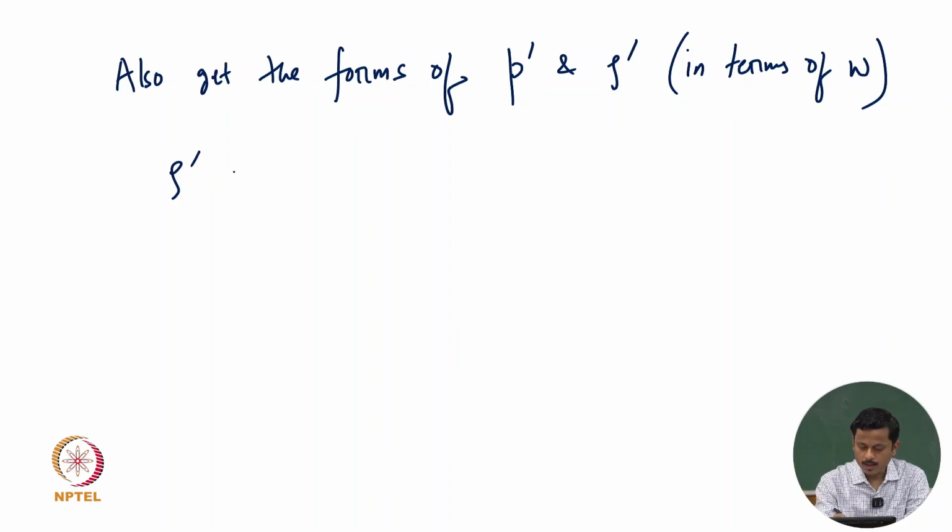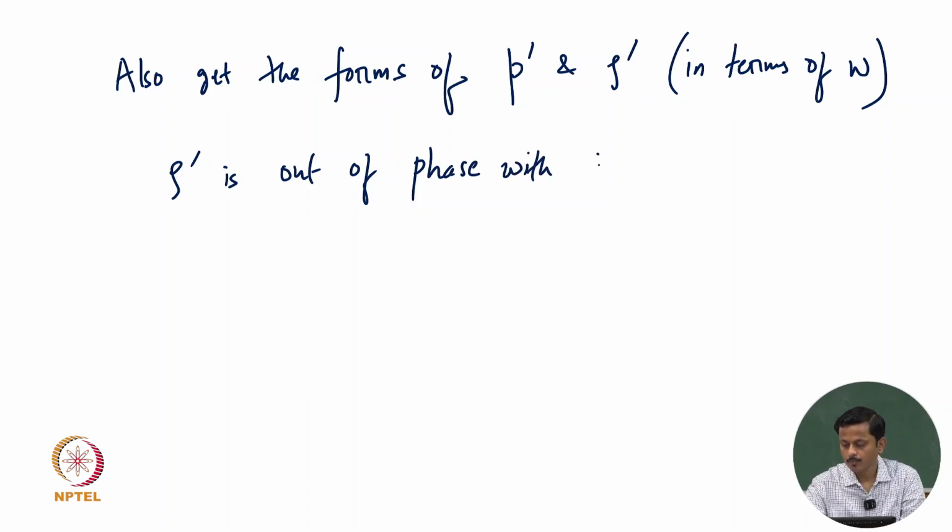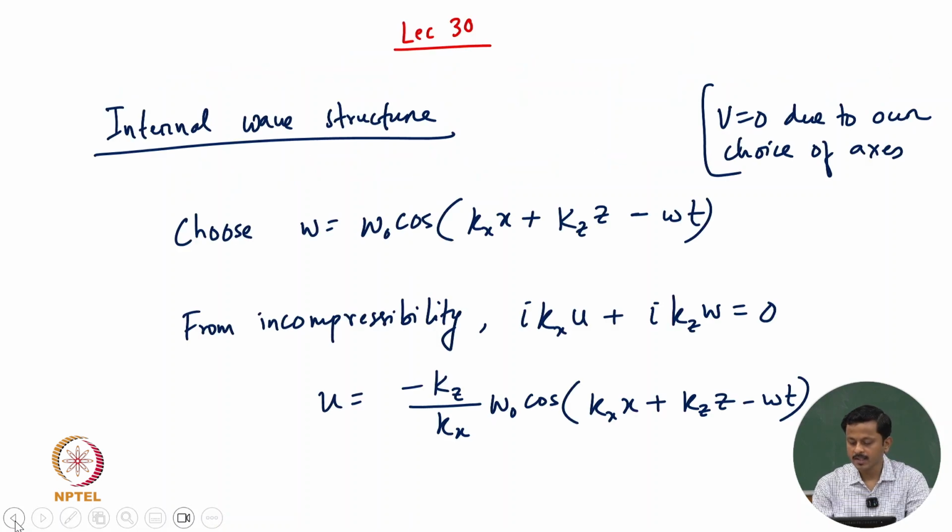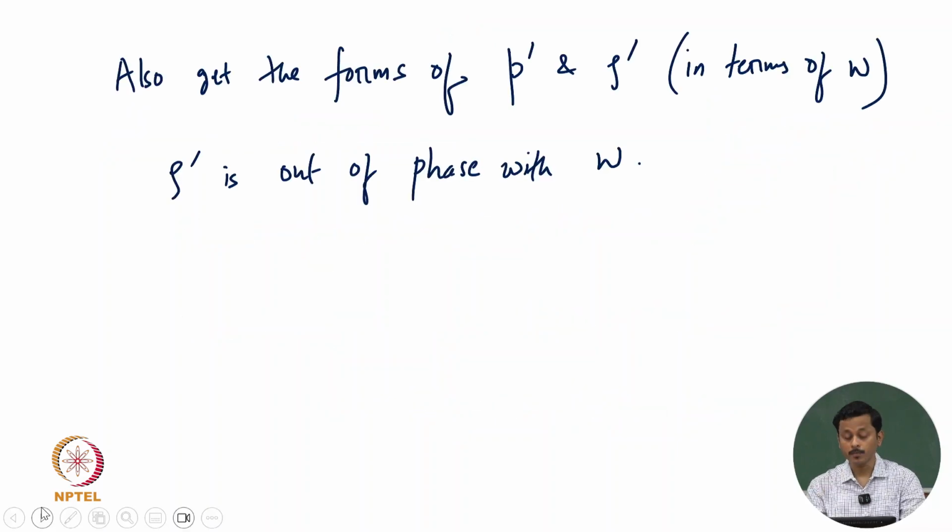So we have a set of equations where we find the relationship of the variables in the problem in terms of the variable W that we have defined here.